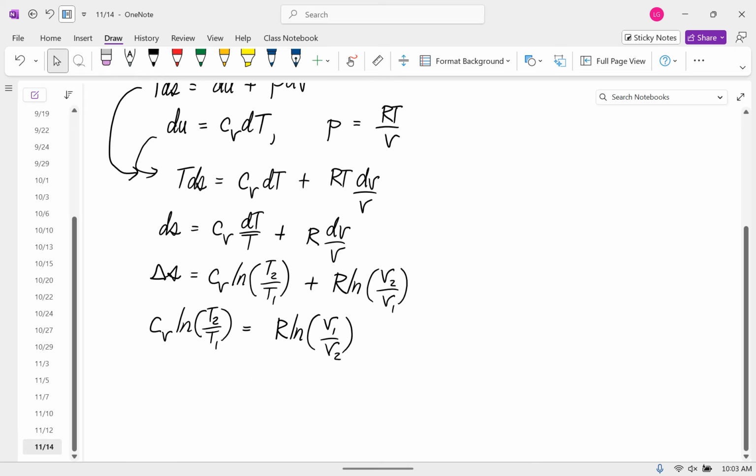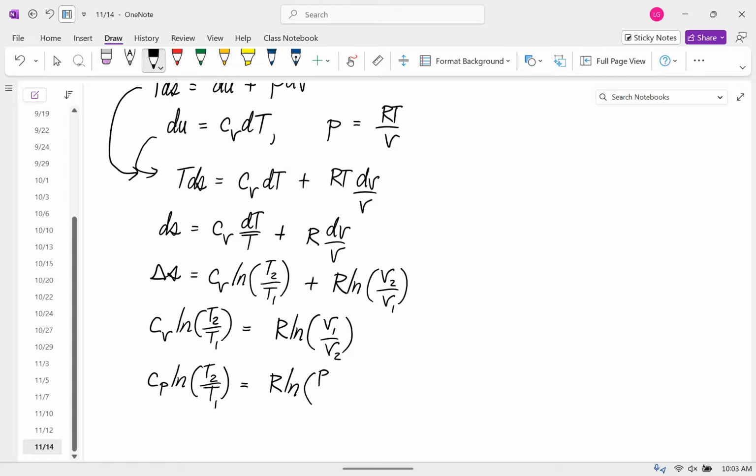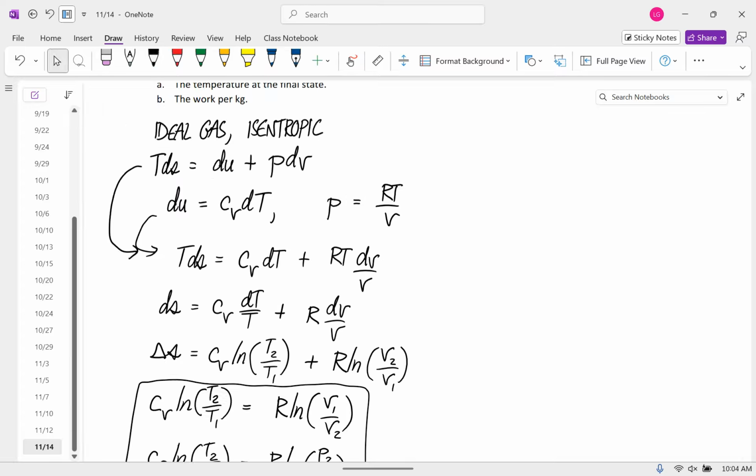And then the other one, I guess, is CP natural log of T2 over T1 is equal to R natural log of P2 over P1. Okay, so these are the two things. Actually, those are the things you can start with.